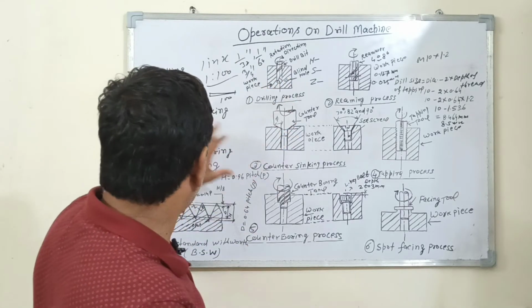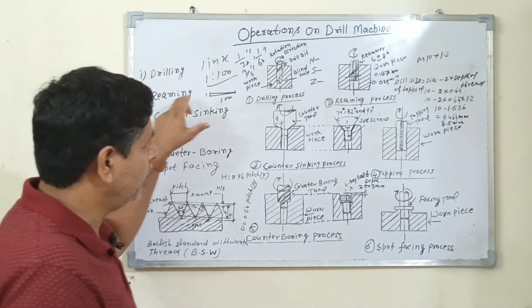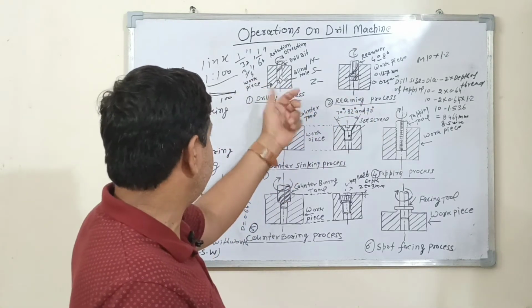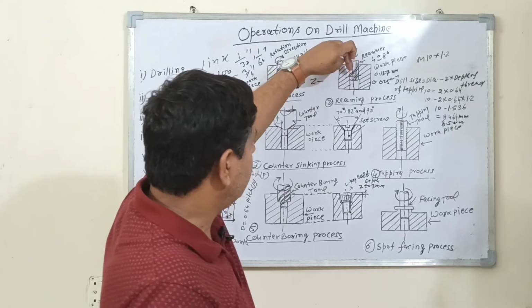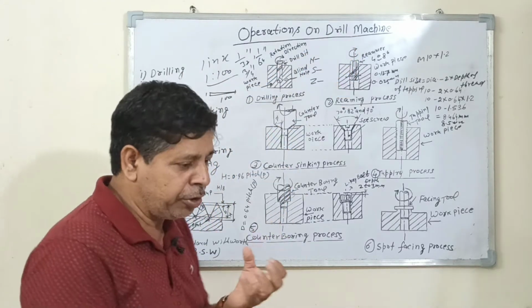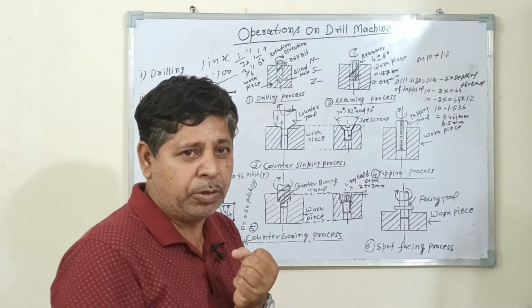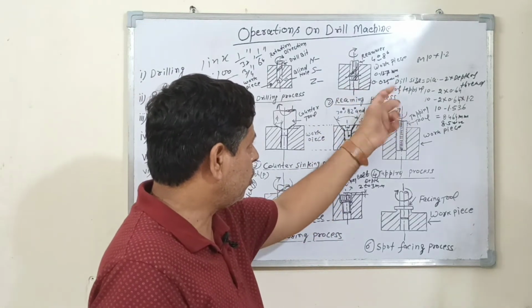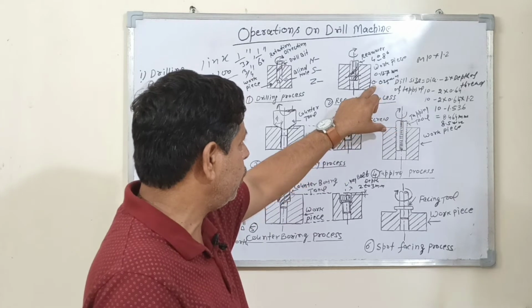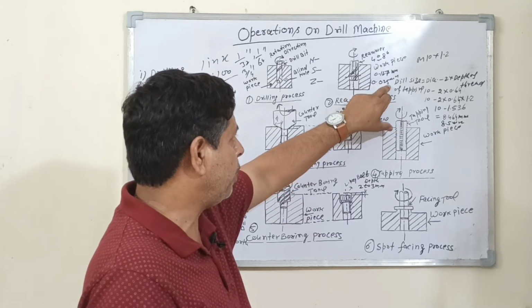The second operation is the reaming process. The reaming process is done after drilling. Reaming is a process to control the actual size of the drilled hole and also control the finishing up to 0.025 mm.